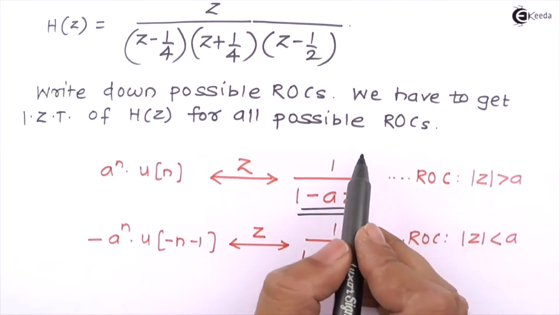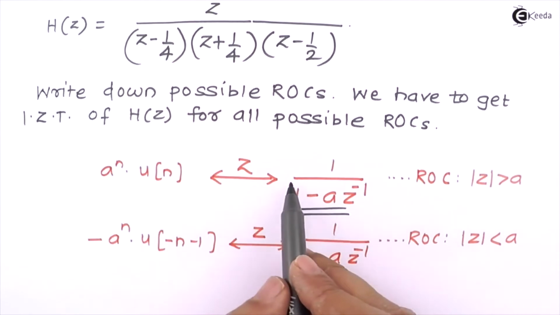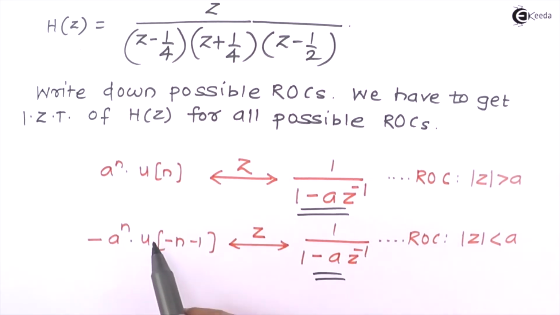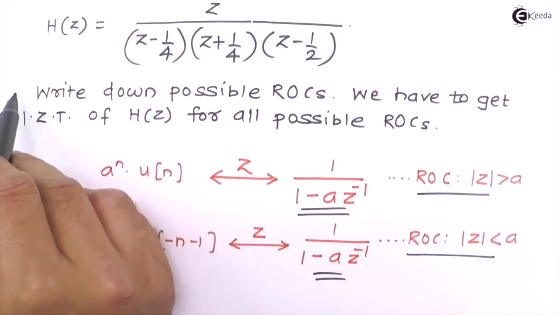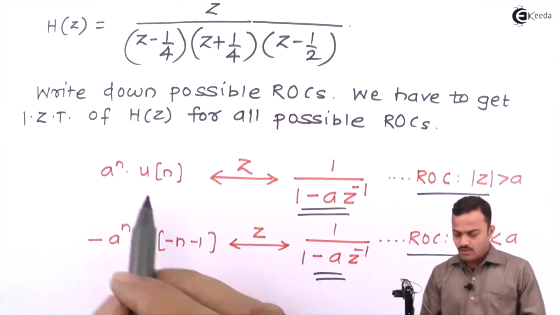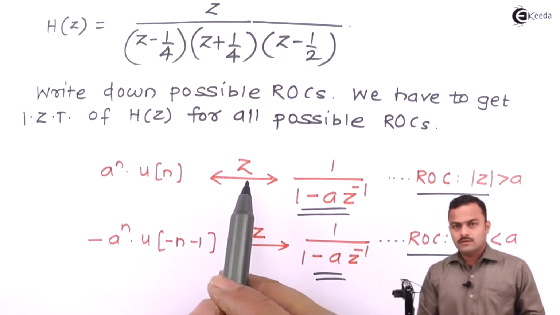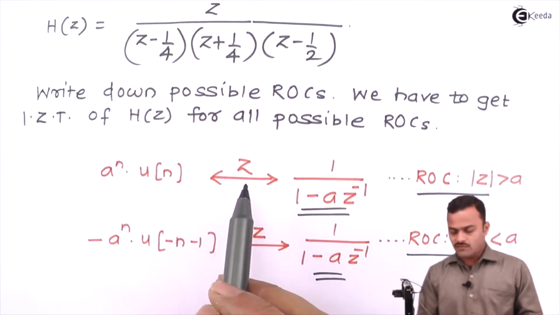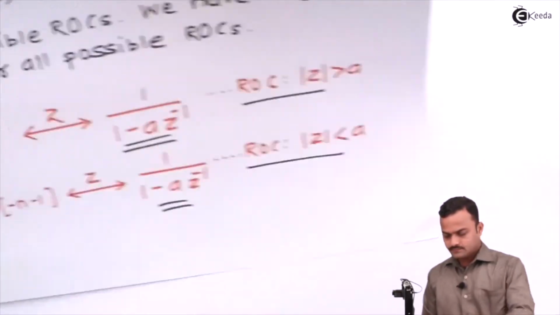That means while taking the inverse Z transform, I will have only one expression, but I could get two answers, and the answers depend upon the ROCs. Hence, in inverse Z transform, along with H of Z, the ROC needs to be mentioned, or if ROCs are not mentioned, we need to figure out the inverse Z transform for all the possible ROCs. So let's check.